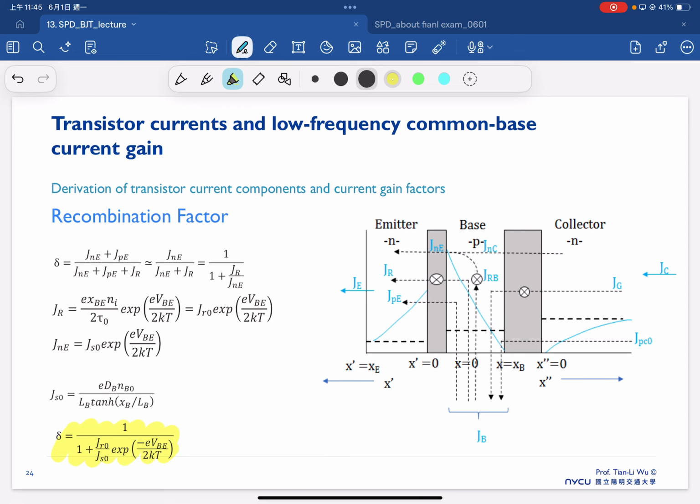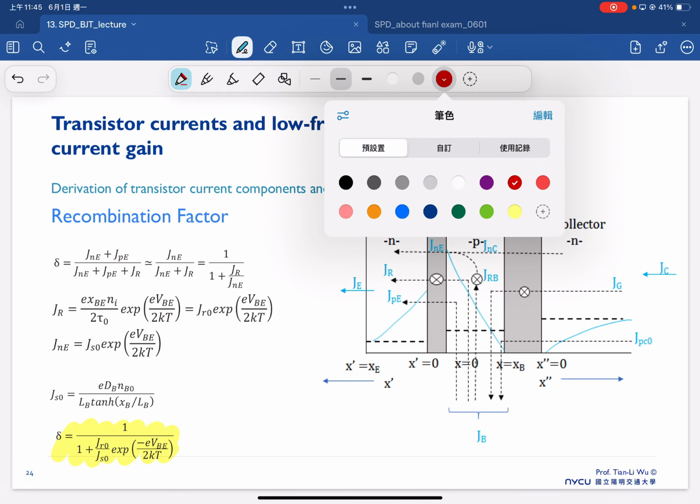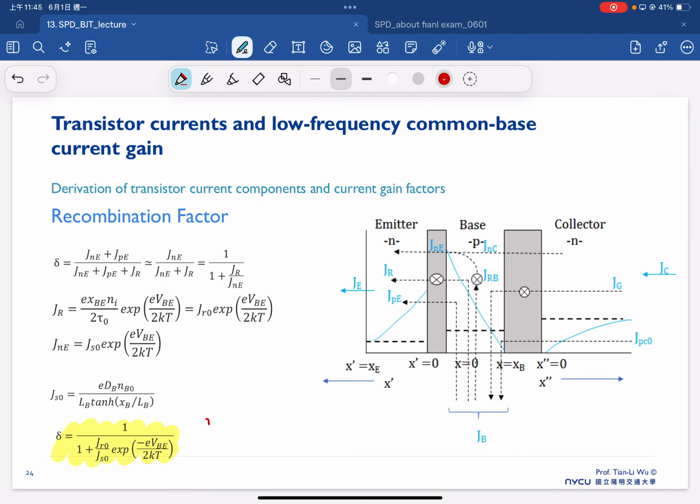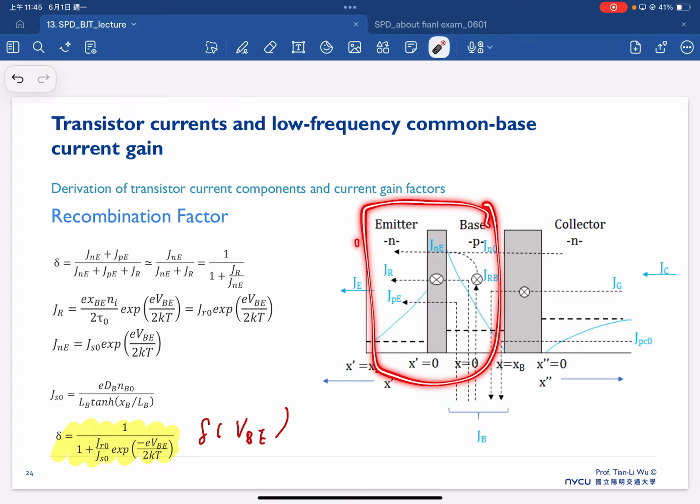So now we can understand that the recombination factor is a function of the base and emitter voltage, which also makes sense, because this is under forward bias, right?